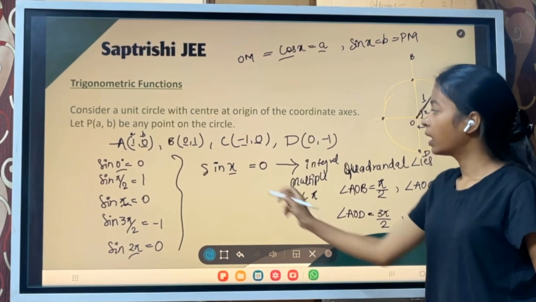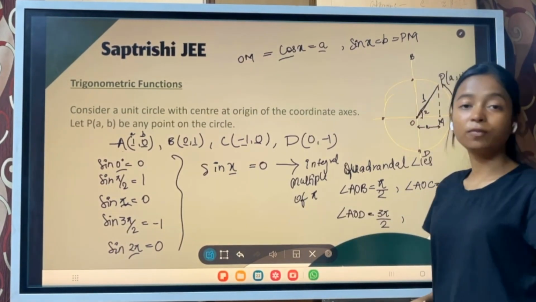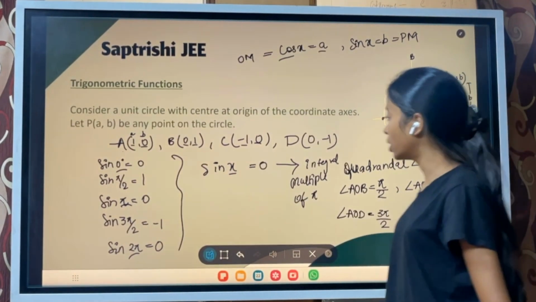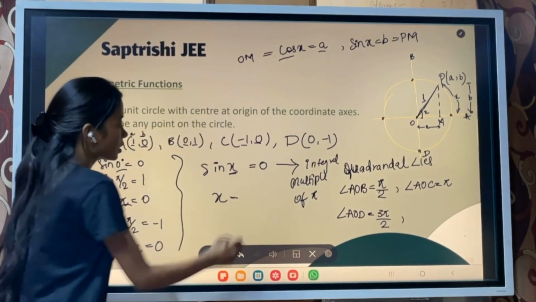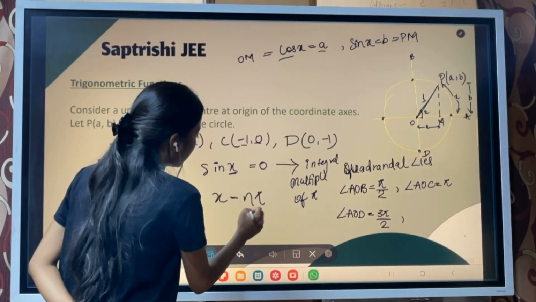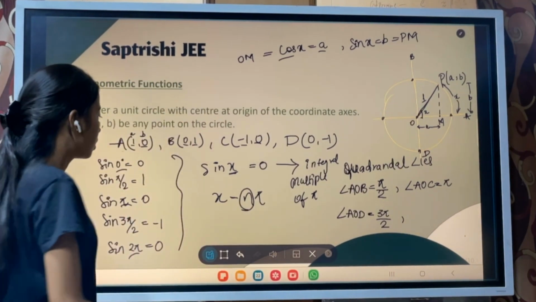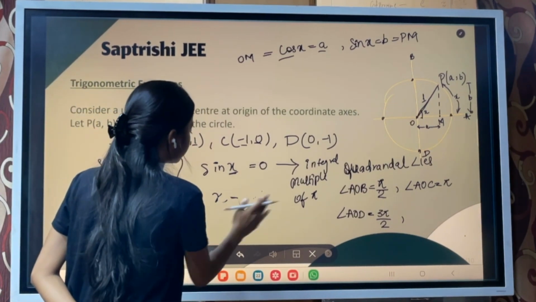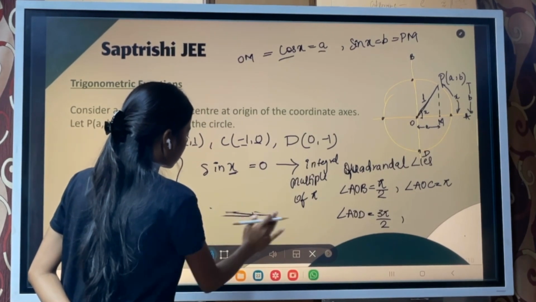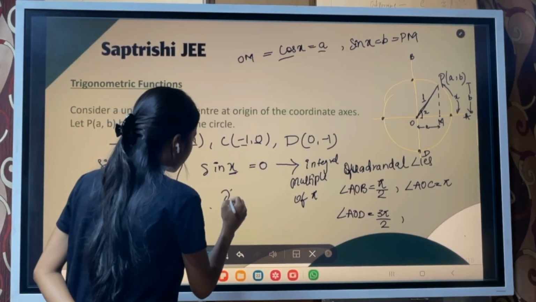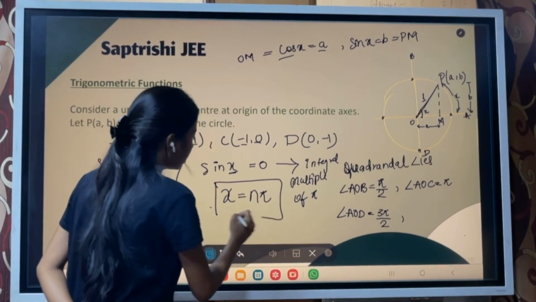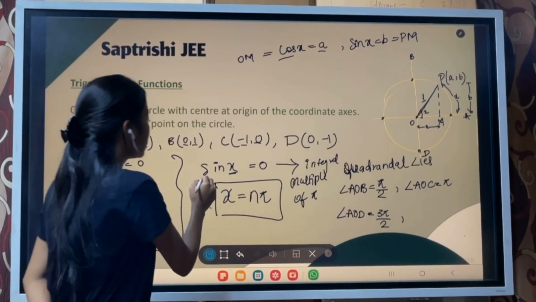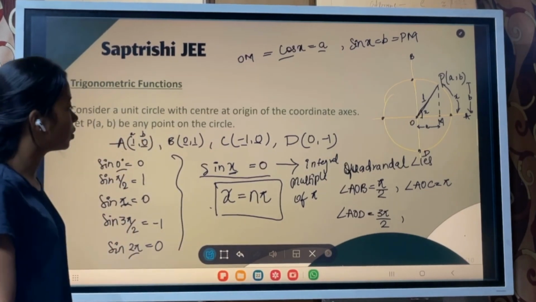So x is nothing but n pi, where n is any integral number. This is also important, that is x is equal to n pi. When does this value come? When the sine value is equal to 0.